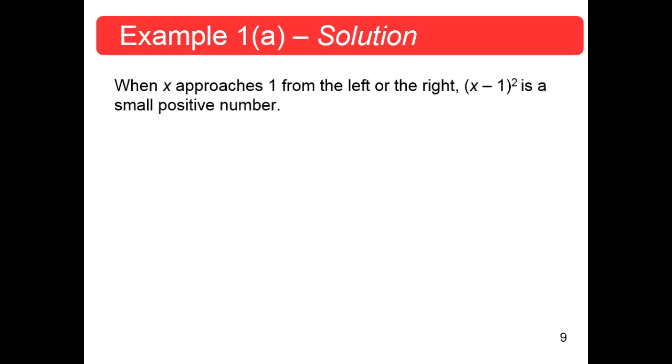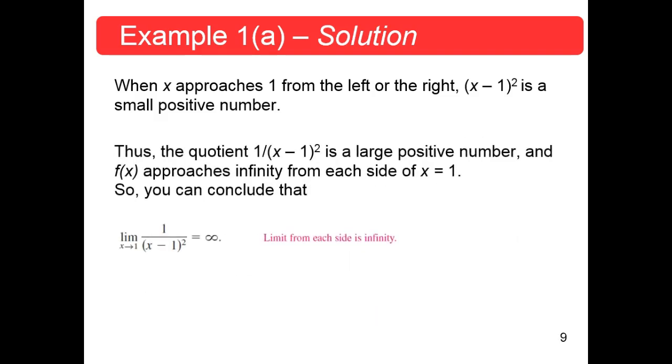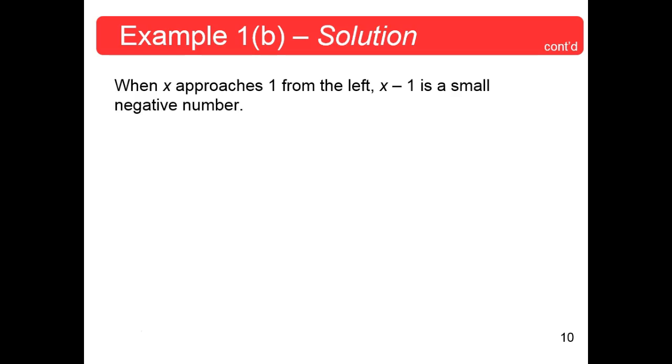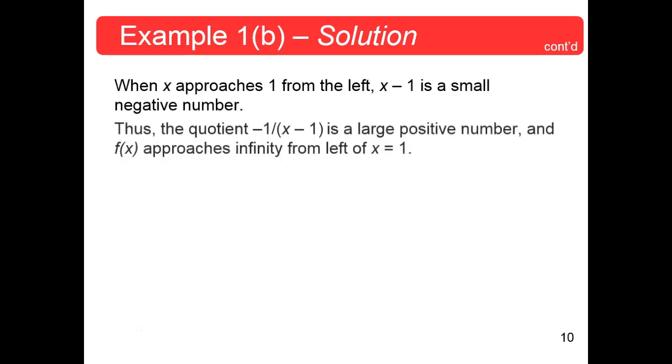When x approaches 1 from the left or right, the x minus 1 squared is still positive, so that is going to an infinitely large number from either side. And that's exactly what we saw. But when it's not squared, then as x approaches 1 from the left-hand side, that's a small negative number, so its reciprocal is a very large negative number.